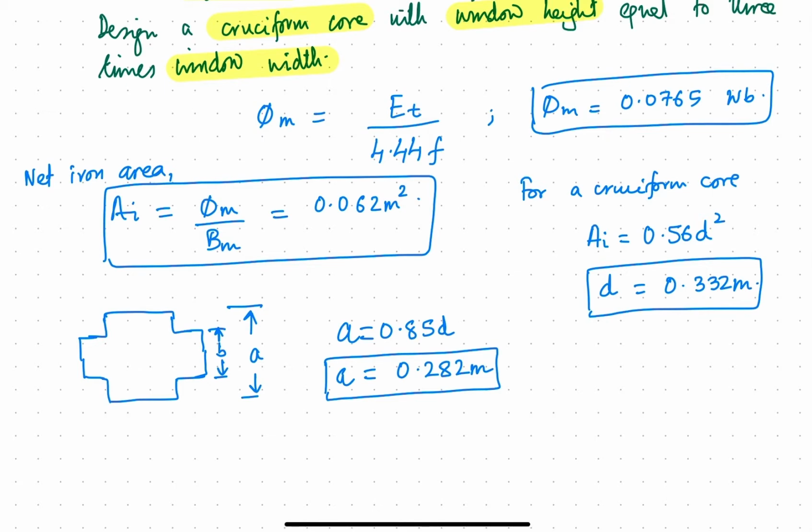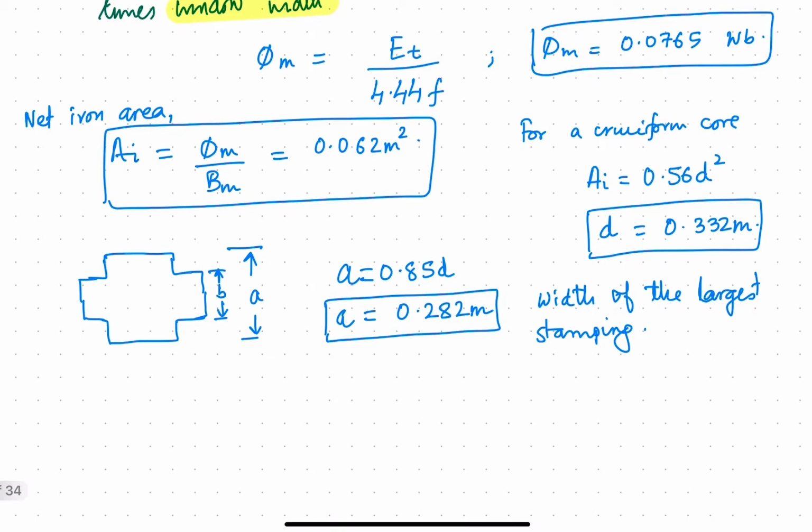So A is the width of the largest stamping, and from the same expression we can find B, the smallest stamping, and that is 0.53 times D, and if you put in the value, it is 1.75 meters.